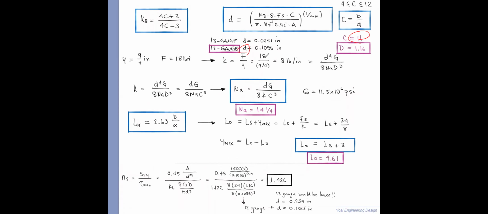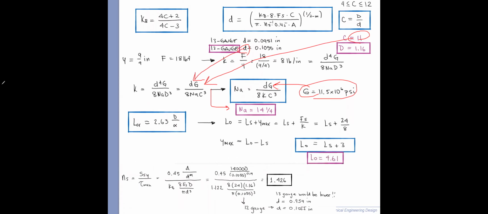Then we can plug those numbers in here, and we know the shear rigidity, plug it in here. And finally, we get the number of active coils is 15.25, right?